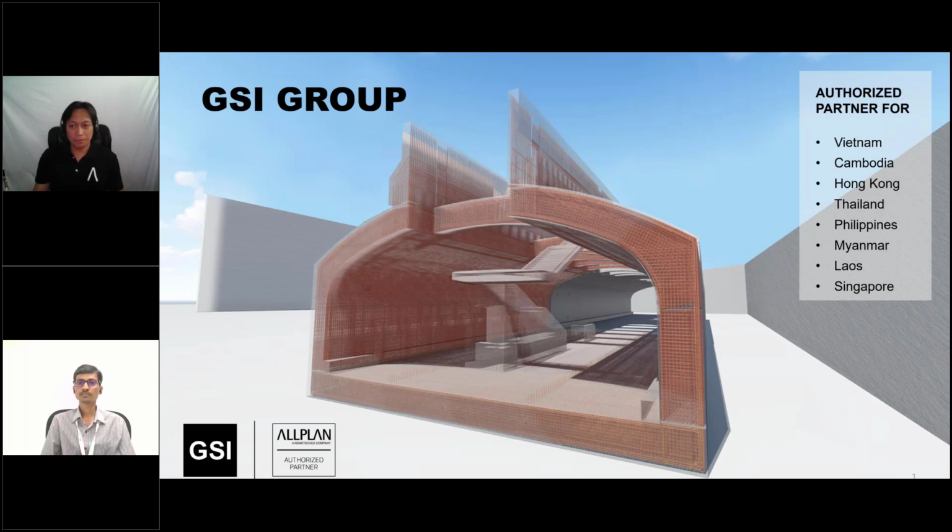Before that, I would like to introduce our company. We are the GSI Group, and we are an authorized partner for 8 different countries: Vietnam, Cambodia, Hong Kong, Thailand, Philippines, Myanmar, Laos, and of course Singapore.